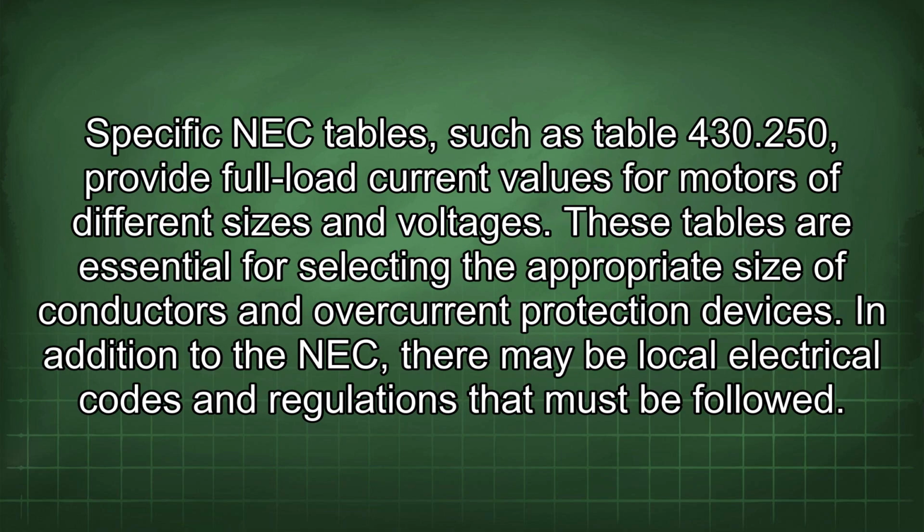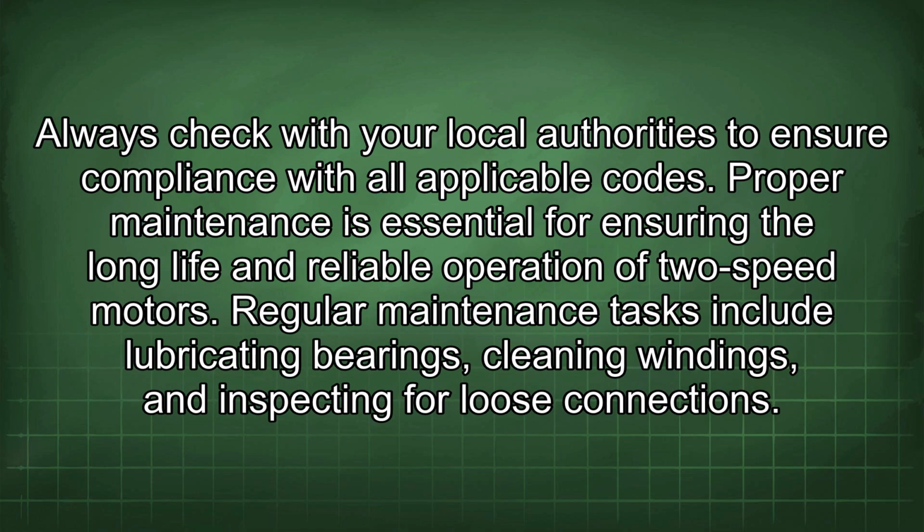Specific NEC tables, such as Table 430.250, provide full load current values for motors of different sizes and voltages. These tables are essential for selecting the appropriate size of conductors and overcurrent protection devices. In addition to the NEC, there may be local electrical codes and regulations that must be followed. Always check with your local authorities to ensure compliance with all applicable codes.